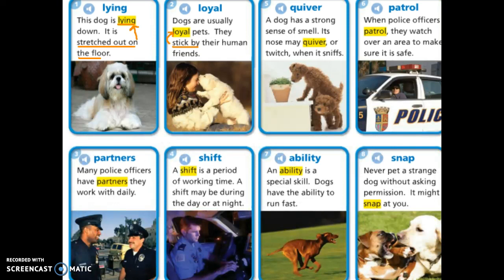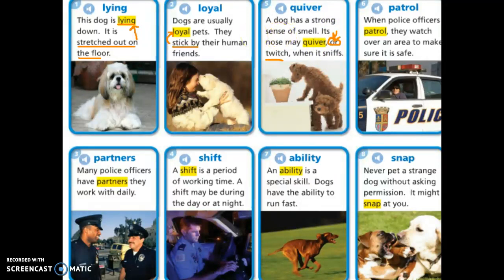Our next word is quiver. A dog has a strong sense of smell. Its nose may quiver or twitch when it sniffs. So here's our clue word: or usually says or means we're about to get a synonym. So when I think about context clues here, the word twitch helps me understand that quiver and twitch, because I've got the clue word or here, are like synonyms.